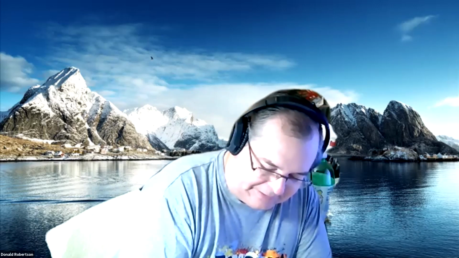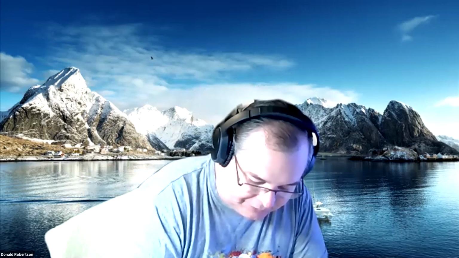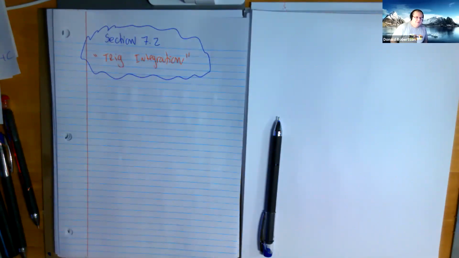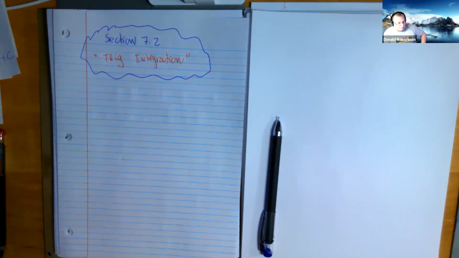Well, trig does not go away, and trig is here to stay, because 7.2 is all about trig integration. How to integrate functions that have sine, cosine, secant, squared, things like that.